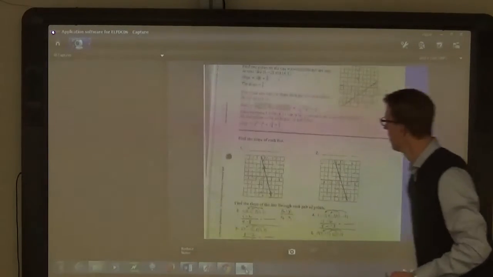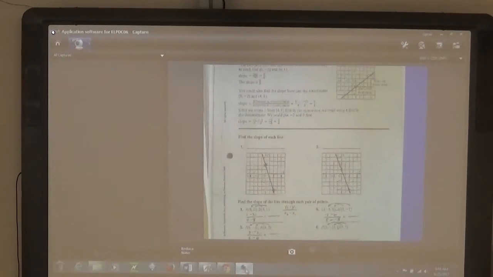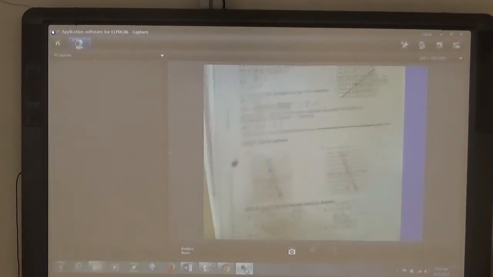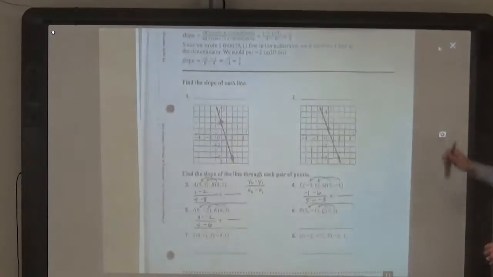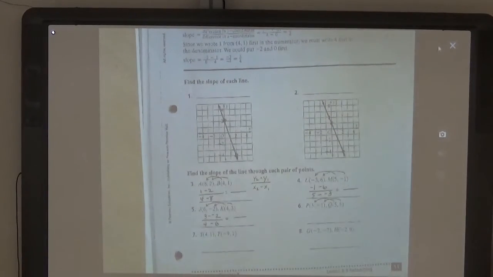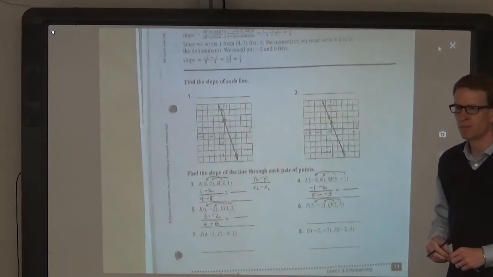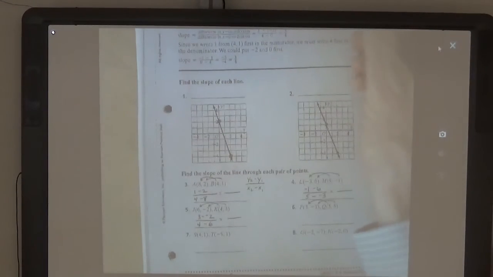Guys, be quiet. In the first one, you are counting to find the slope. So, if you're given a line and you're not given specific points on the line to count, let's say that you're just given a line, but there are no dots marked on the line.